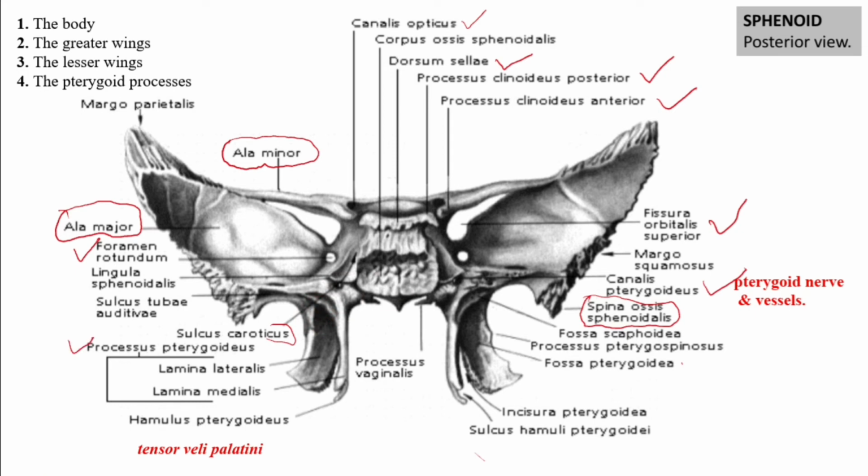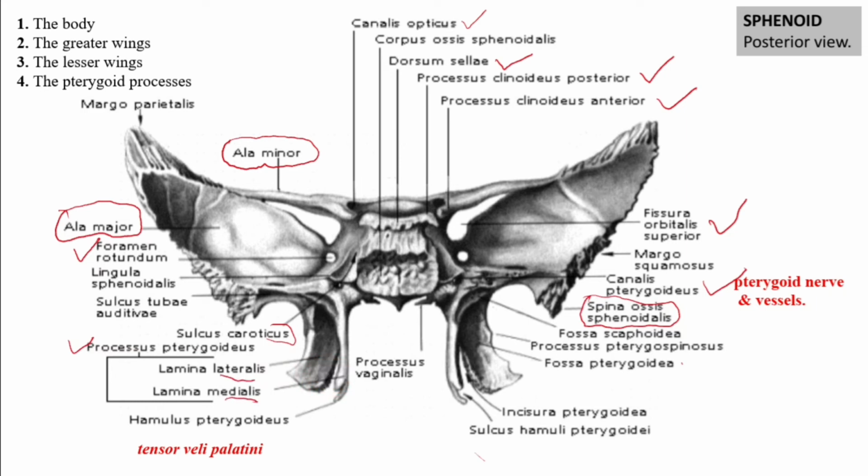Okay, pterygoid processes, like the legs. The pterygoid processes, processus pterygoideus, have two parts, the lateral plate and the medial plate, lamina lateralis and lamina medialis.